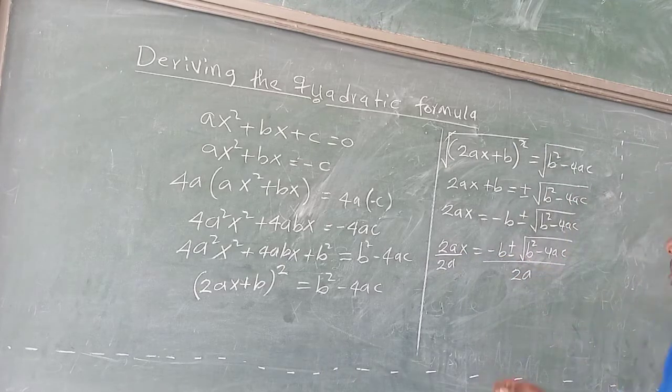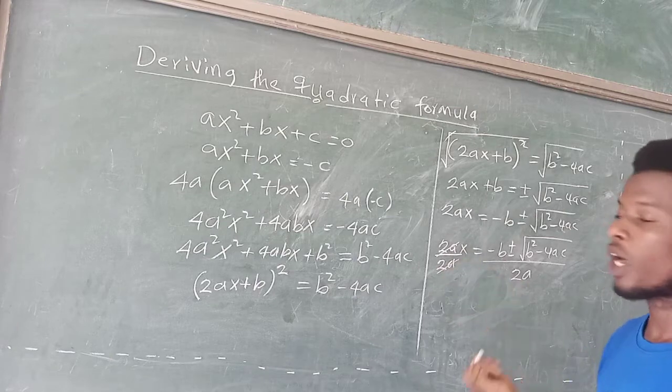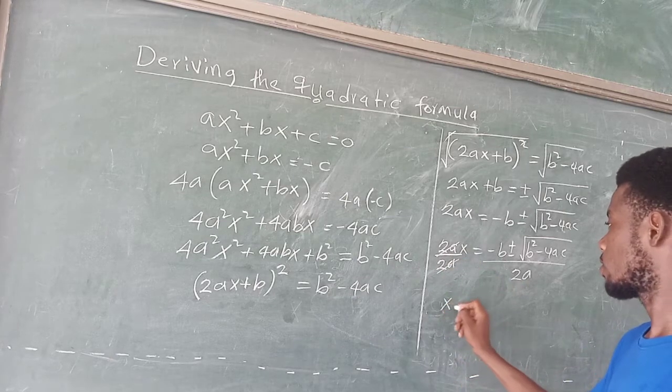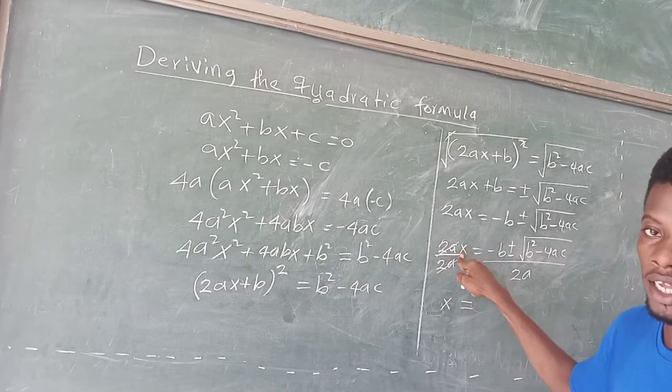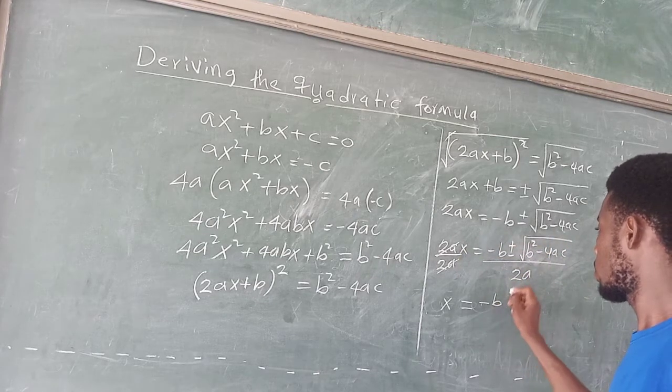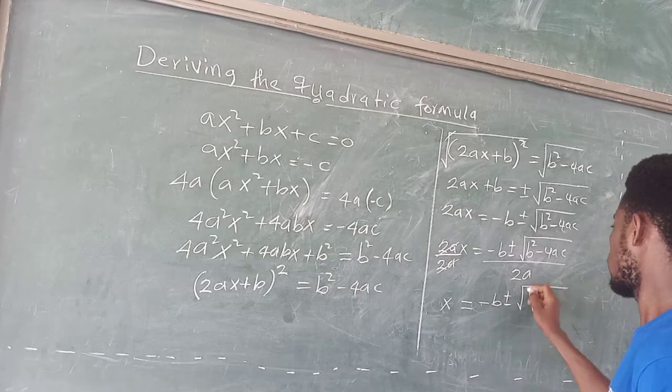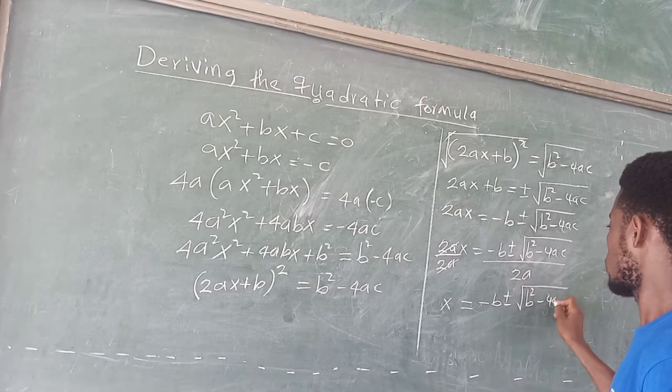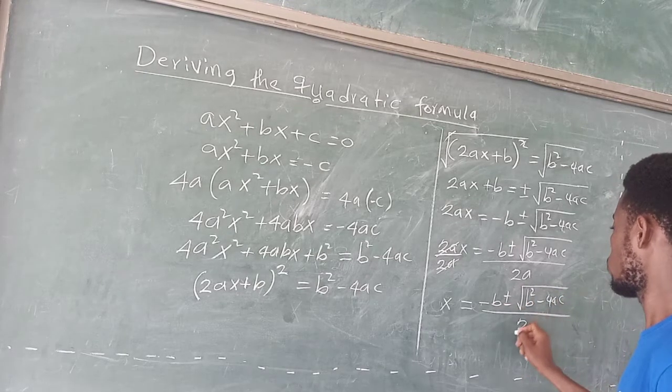Now what happens? 2a and 2a will go out. x will be equal to the entire stuff here, minus b plus or minus the square root of b squared minus 4ac all divided by 2a.